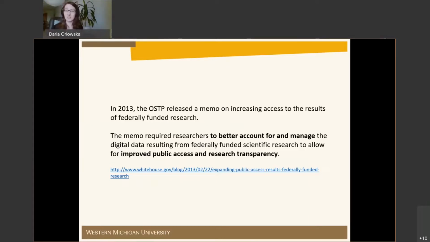So the memo specifically required researchers to better account for and manage their digital data resulting from federally funded scientific research to allow for improved public access and research transparency. You can read all about it if you feel so inclined. There is a link in the slides, but that's pretty much all you need to know at this point.